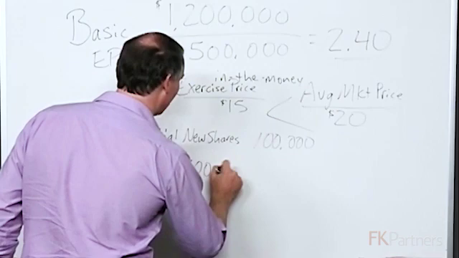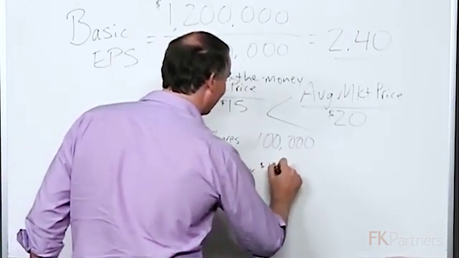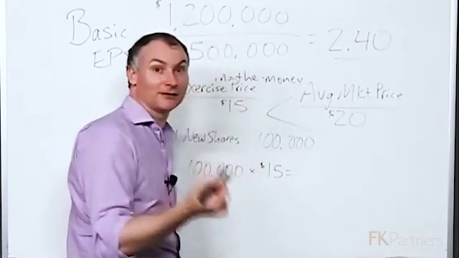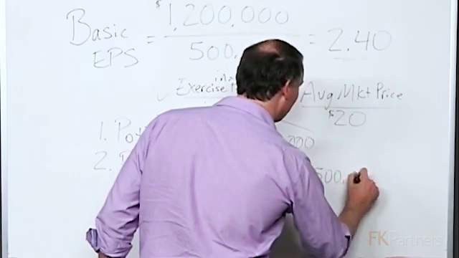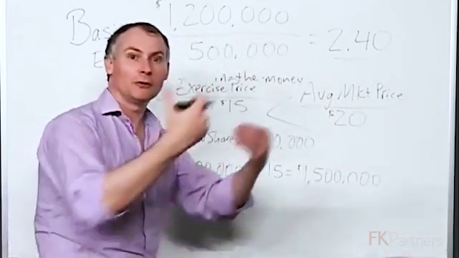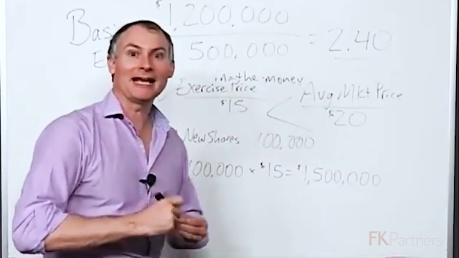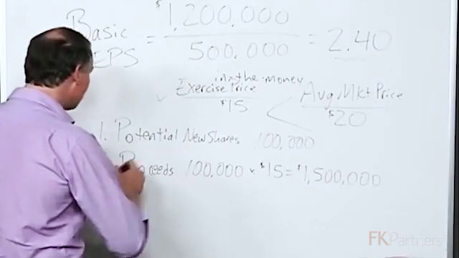So we're going to take 100,000 shares multiplied times that $15 exercise price to calculate 1,500,000 in proceeds that employees in aggregate would pay to the company to be able to have the right to receive those shares of stock.